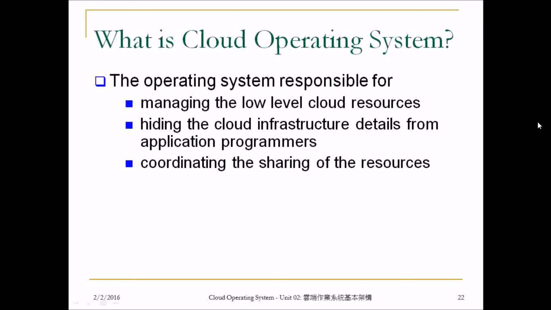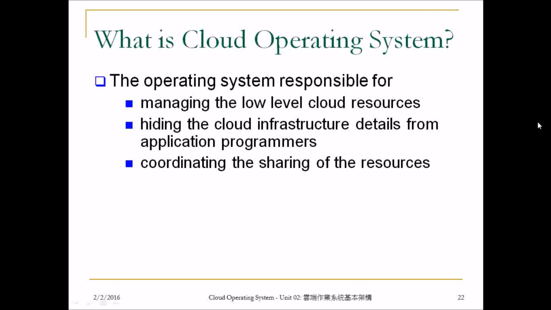And second, the cloud operating system will hide the cloud infrastructure details from the application programmers. So the program developers needn't know the infrastructure of the cloud. Indeed, the programmers or developers only need to use the virtual machines without understanding the cloud infrastructure details.